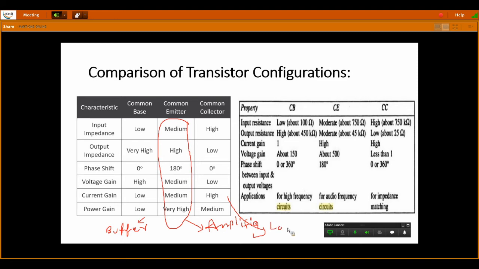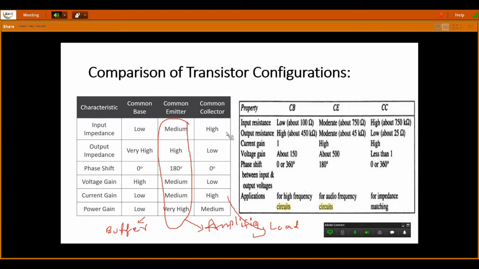So what loading effect means is, every device needs some current to drive. In order to drive those devices which require a large amount of current, it requires the smallest amount of resistance as the input resistance. Now if you have the highest input impedance, the amount of current drawn can be very small.